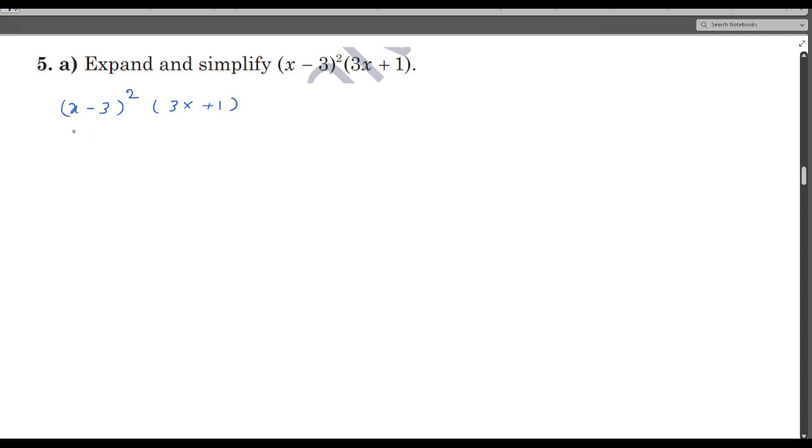Okay, so x minus 3 the whole square is your x minus 3 times your x minus 3, and then this is multiplied by 3x plus 1. So let us first solve this part.